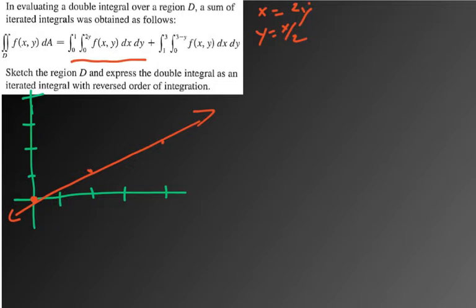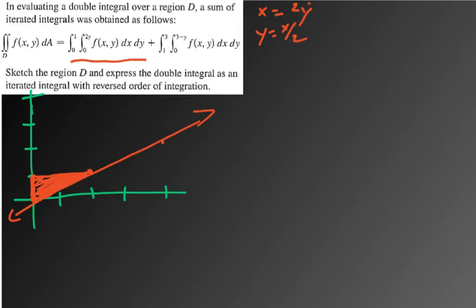So that is the rightmost bound for x, and we're going from the y-axis over to that. And then y is just 0 to 1. So basically we're going 0 to 1 here, and then moving over to this. So this little triangular region is all I have for the first integral.